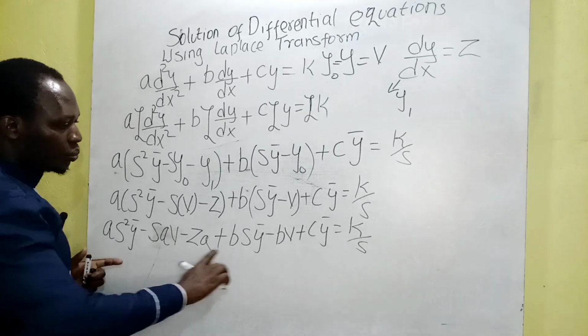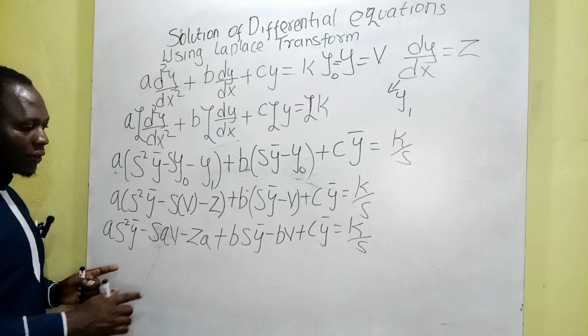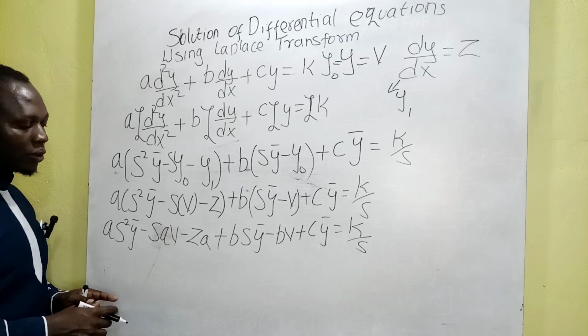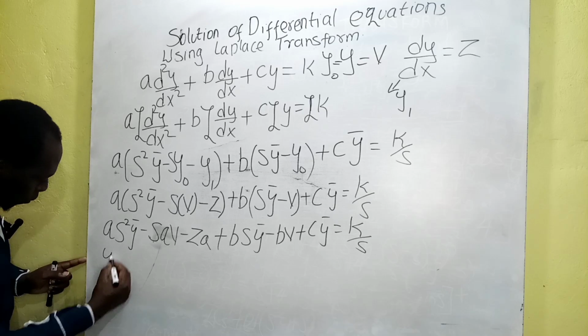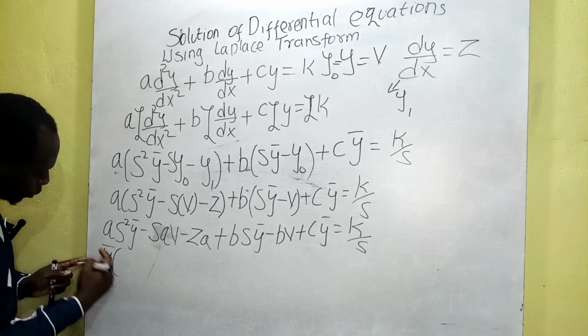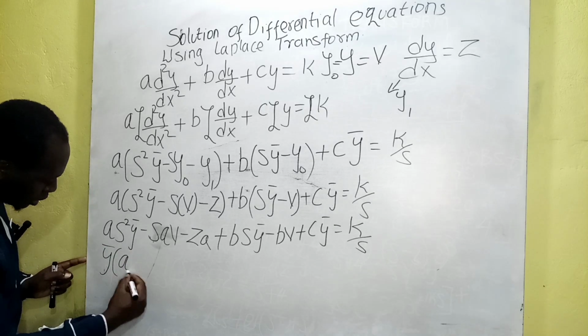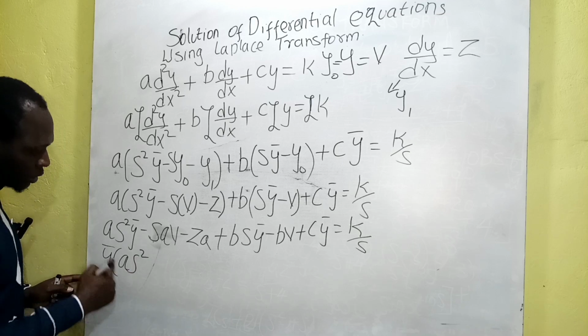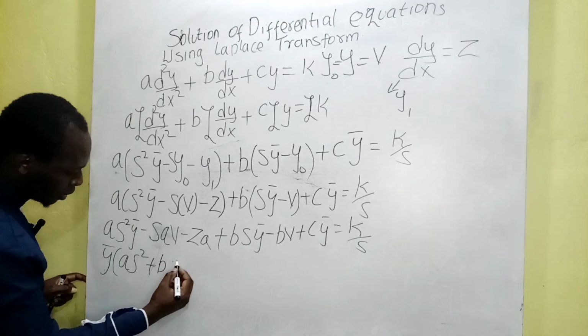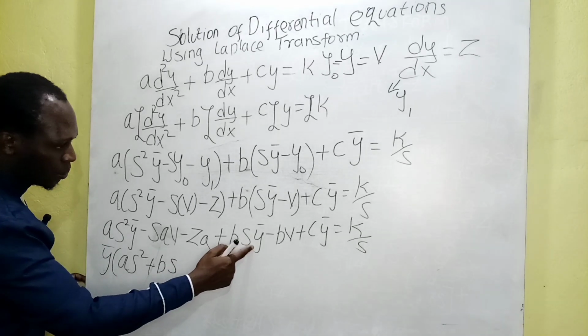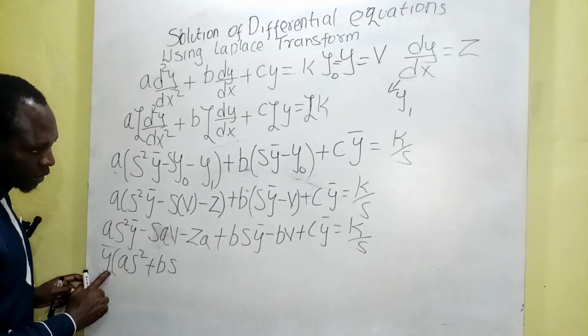Now at this point we can come and collect the like terms of y bar, to mean that y bar into, we factor it out, a s square we come and add to b s has got a y bar of which I'll factor it out here.